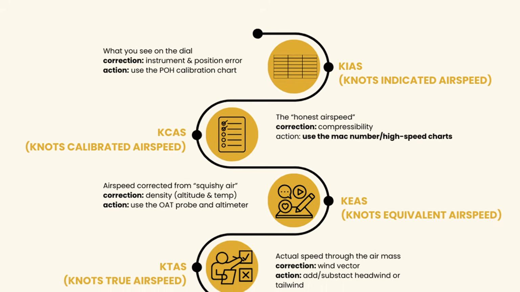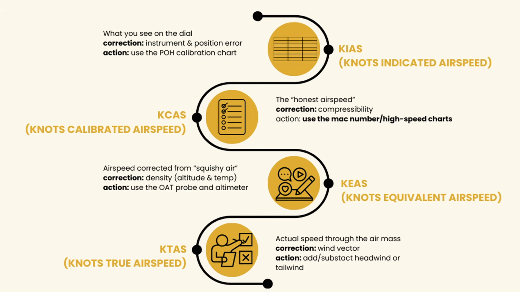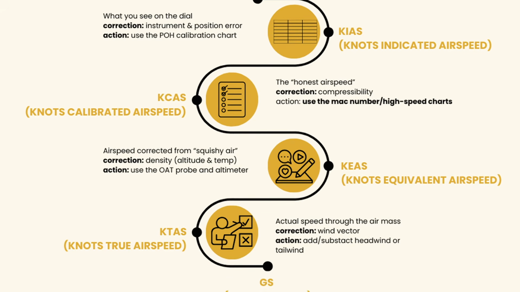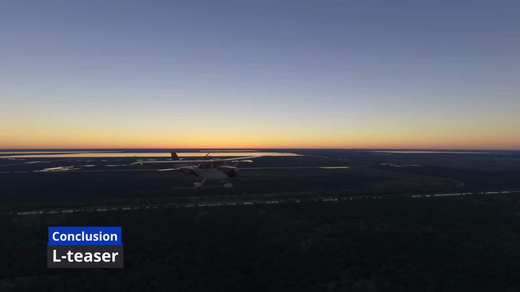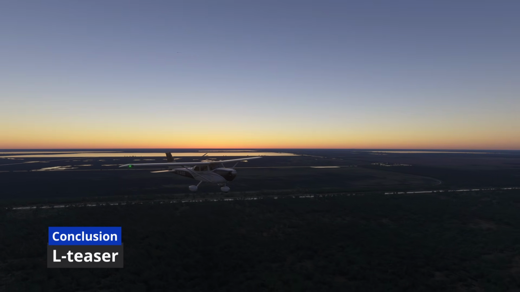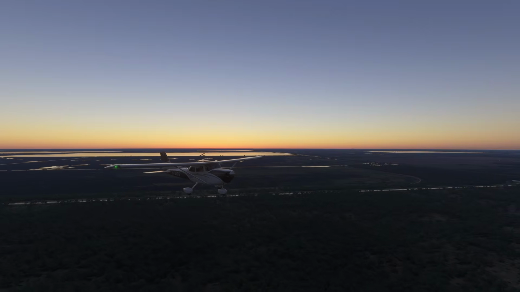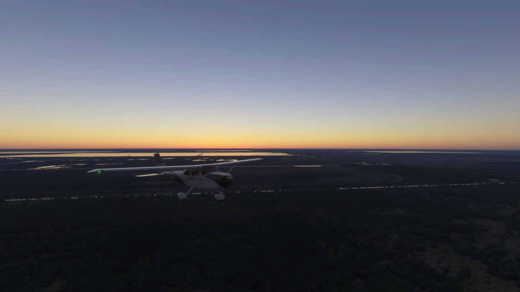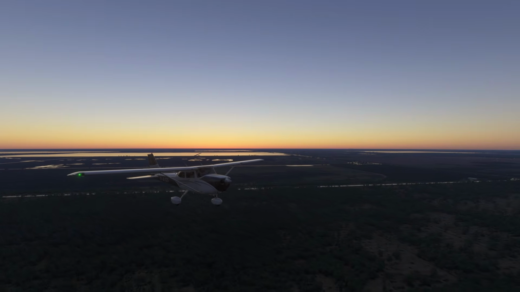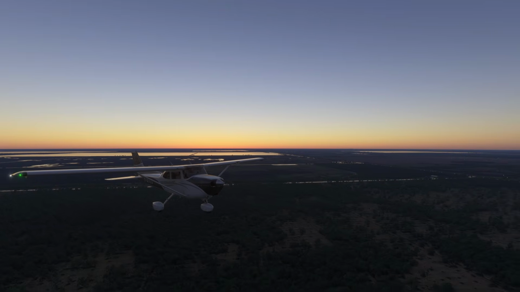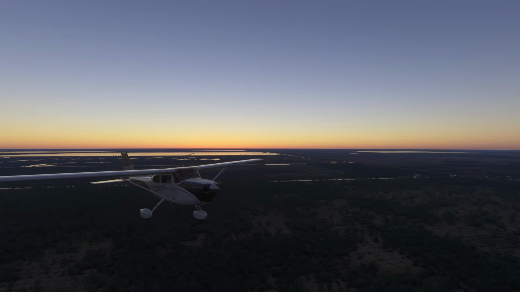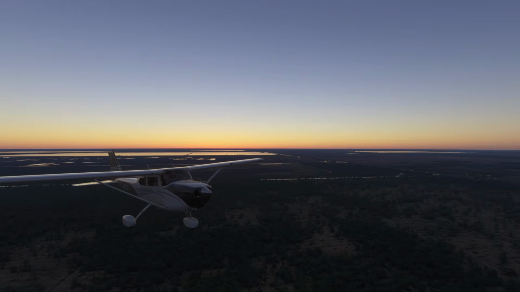For fast jets at high altitudes, you even have to correct KCAS for compressibility to get equivalent airspeed. The next time you're flying an approach in Microsoft Flight Simulator, remember, indicated speed is a suggestion, but calibrated speed is the truth. Understanding that makes you a more precise, more professional pilot.